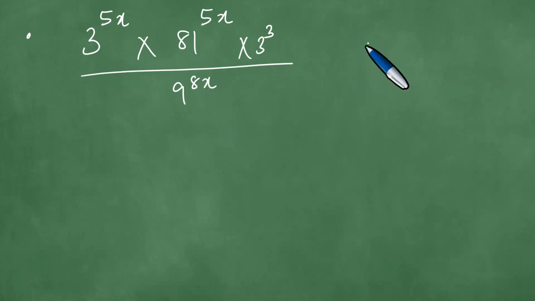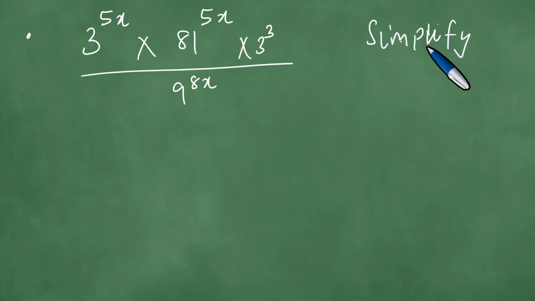We need to simplify this. Not sure? Okay, so you must change every base to base 3, because there's 3 here. So we need to make every base prime.